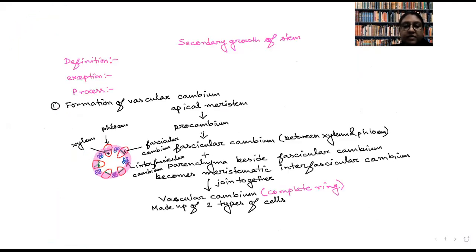It is present here. This is called the medullary ray. You didn't study dicot stem anatomy? In that, the medullary ray is labelled. Understood?